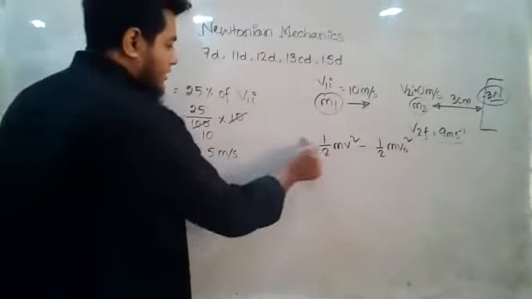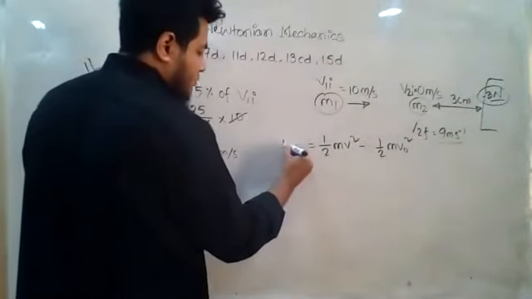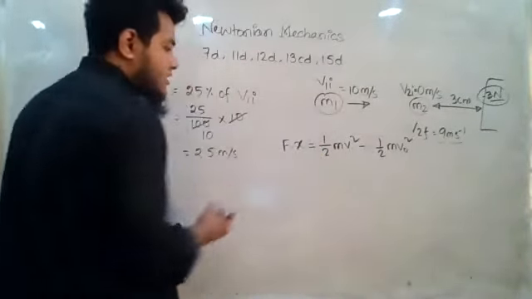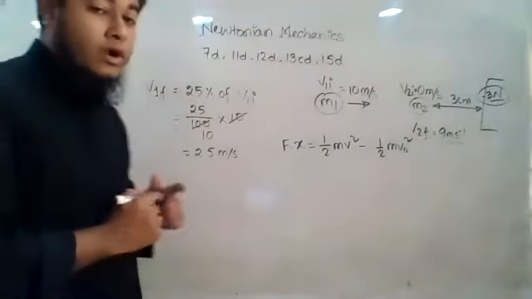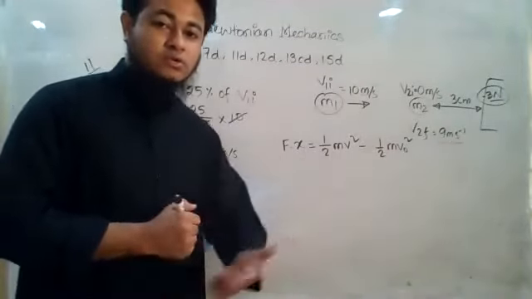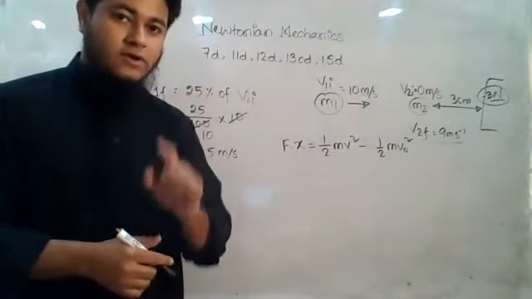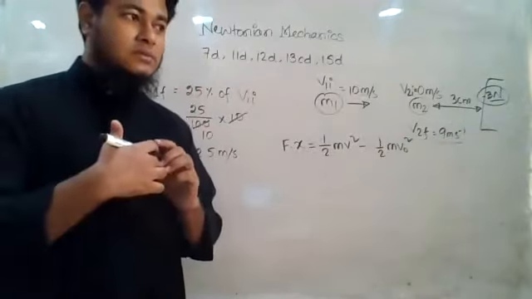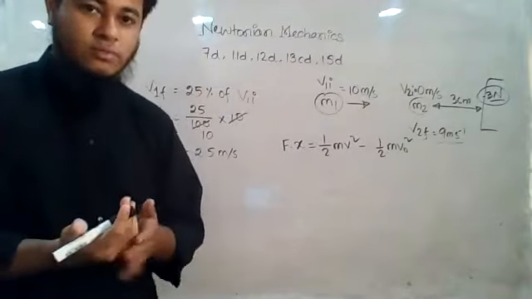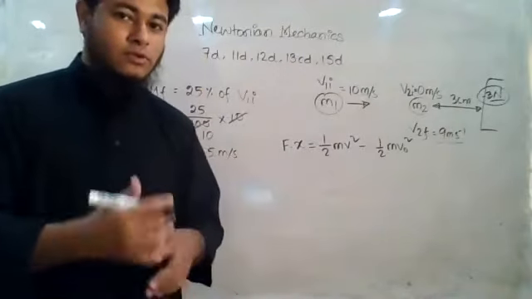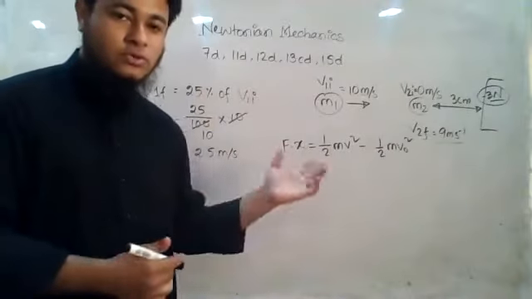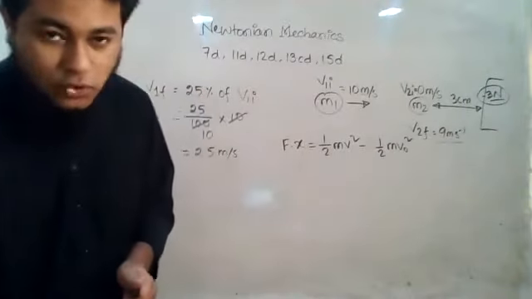Then again, work done is equal to force into displacement, from the definition of work. So this equation we can write from the work energy theorem. Whenever we discuss the work energy theorem topic in the work power energy chapter, I will not be discussing it in detail anymore, because you already got the idea.